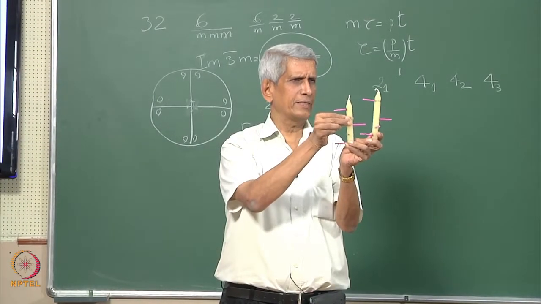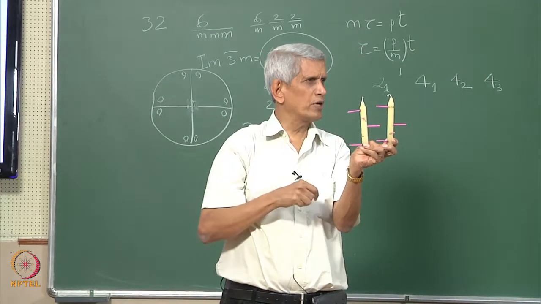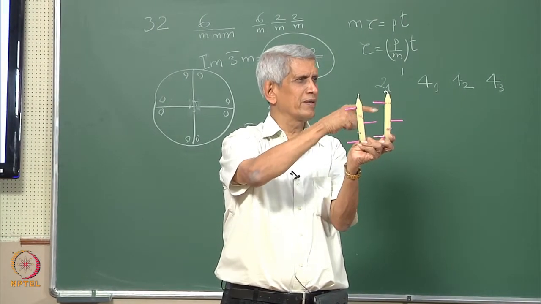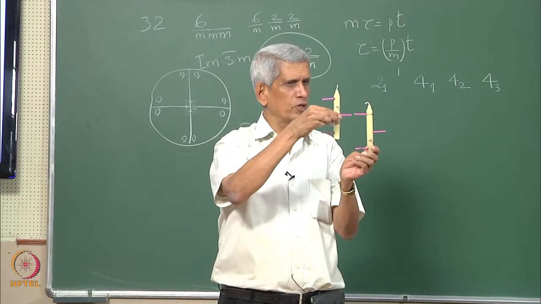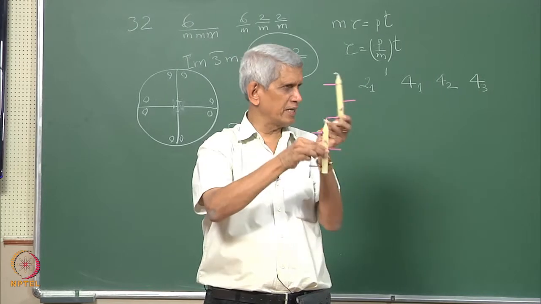See here what happens is that from here in the opposite direction, if you rotate, how much do you have to rotate it to bring it to this position? 1/4 if you rotate it, you will be bringing it to a position which is identical with it.